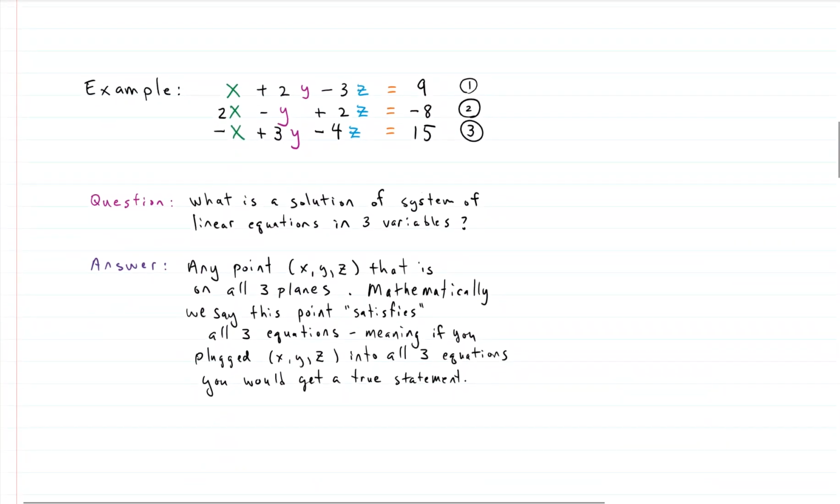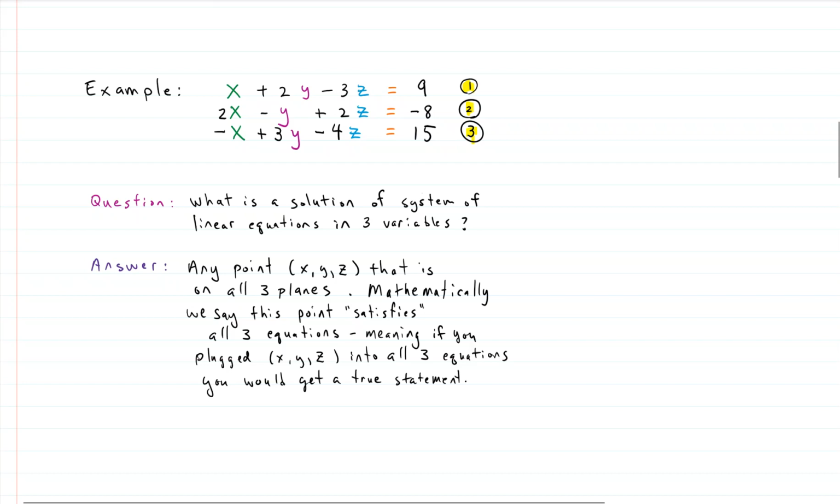Let's look at an example here. So this is an example system. We have three equations. I've numbered them 1, 2, 3. Each of them has three variables. There you go. It's not too bad. And people will ask the question, what does a solution of this system look like?